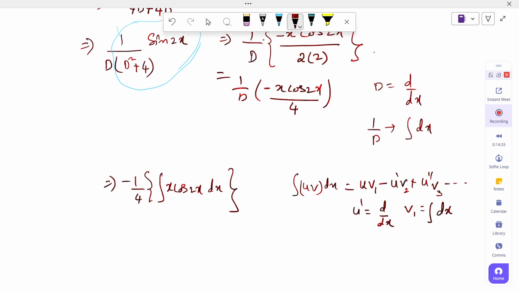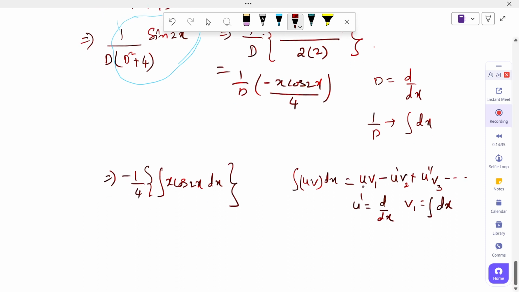So you have to choose your u and v in such a way that the problem gets ended as early as possible.